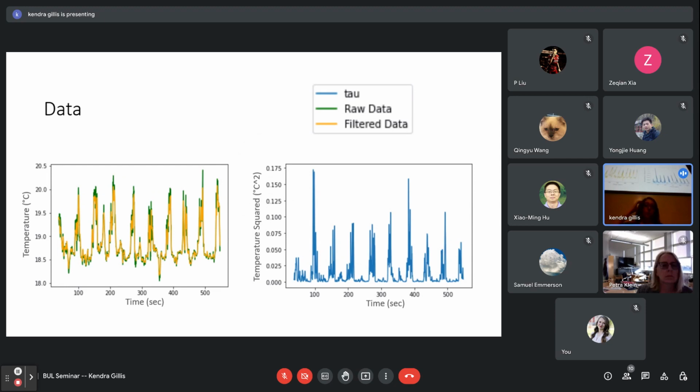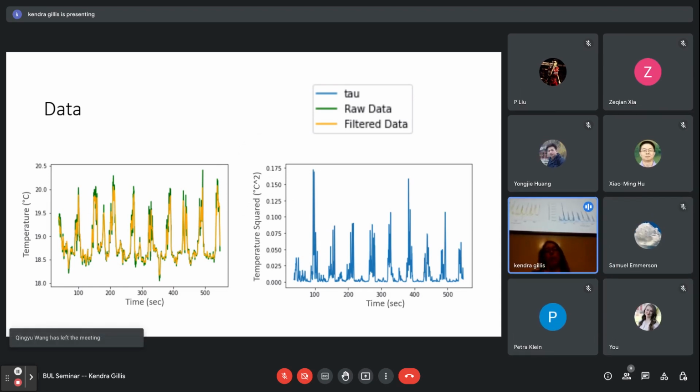It is in units of temperature squared. And so regardless of whether the raw data is above or below the filtered data, tau will still be positive. But you can still see by looking at it how tau compensates for the difference between the filtered data and the raw data.